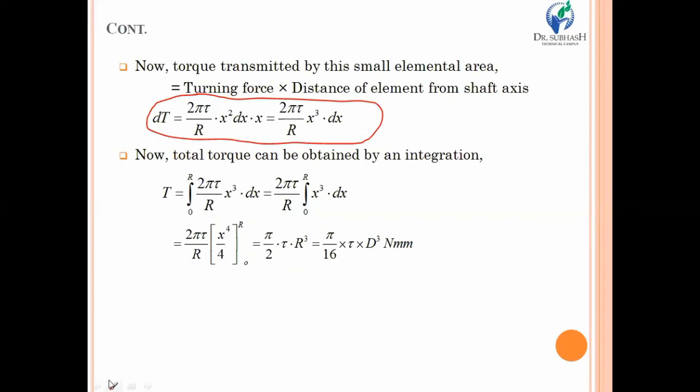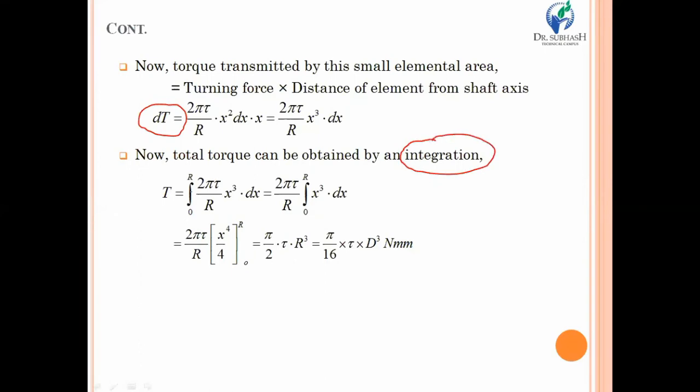Dear friend, this is the torque equation, but be sure this is the torque only which is acting on the small elemental area we initially considered. In order to calculate the entire cross section, or in other words the total torque that is being transmitted by the shaft, you just require an integration of the above equation.